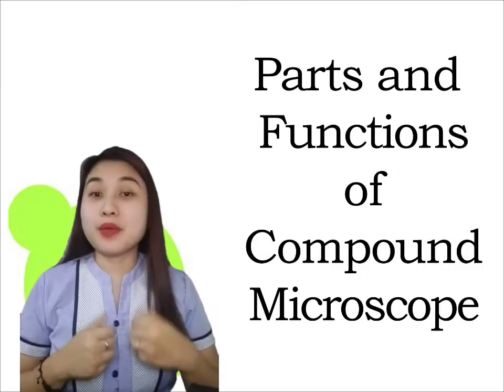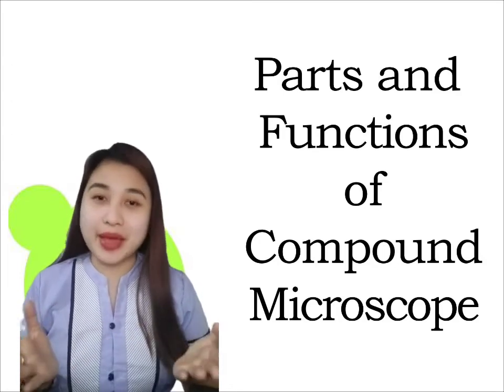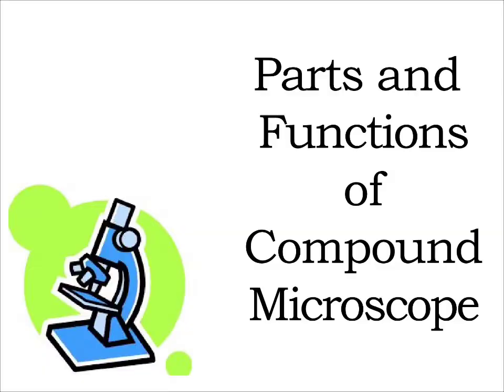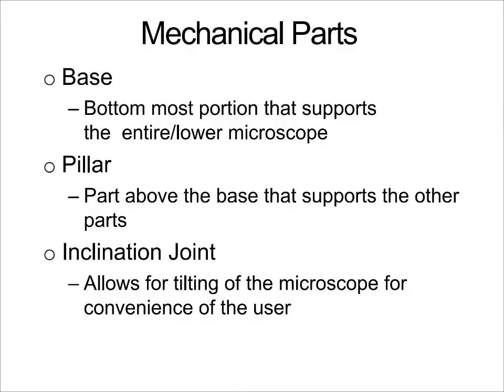Let's talk about the parts and function of the microscope. Kindly read, Ella. Mechanical parts: base, pillar, inclination joint. Base, bottommost portion that supports the entire lower microscope. Pillar, part above the base that supports the other part.